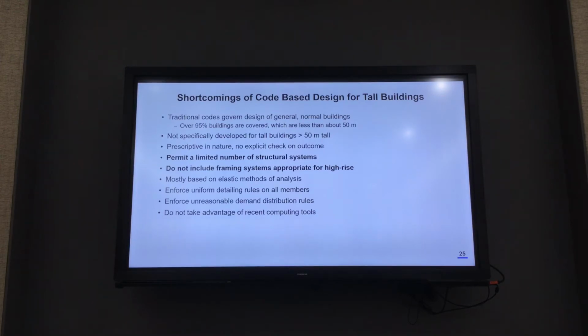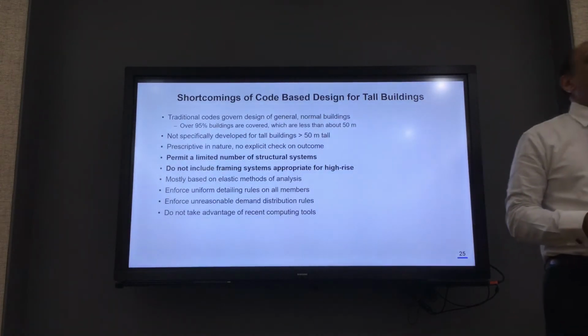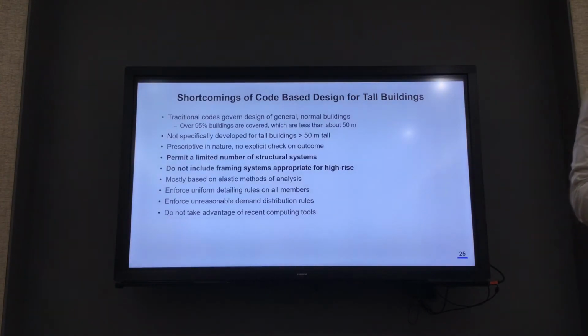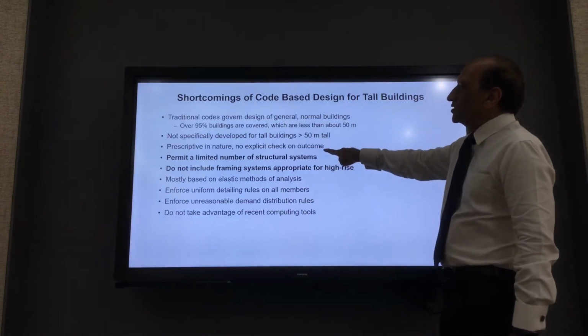You have seen every earthquake. How many times have you seen a tall building fall down in an earthquake? Very rare, almost never. Low-rise buildings. So it's actually not really true, but normally we believe that the codes govern about 95% of the buildings that we build. So these are prescriptive in nature.